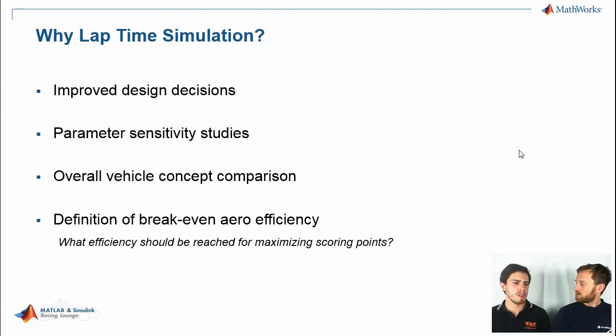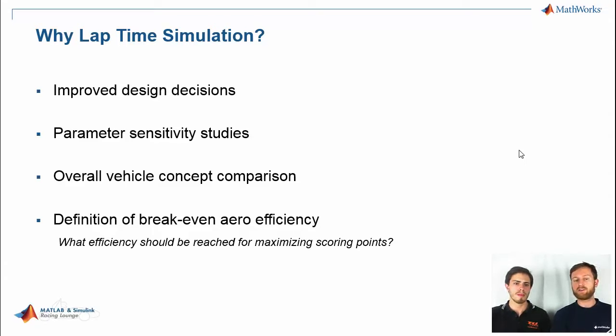Well, the aero efficiency is just the ratio between the downforce and the drag. We decide what efficiency we want to achieve at the end of our design to reach our maximum points, and we use the lap time simulation to get that optimum. Okay, pretty interested to get more information on that.